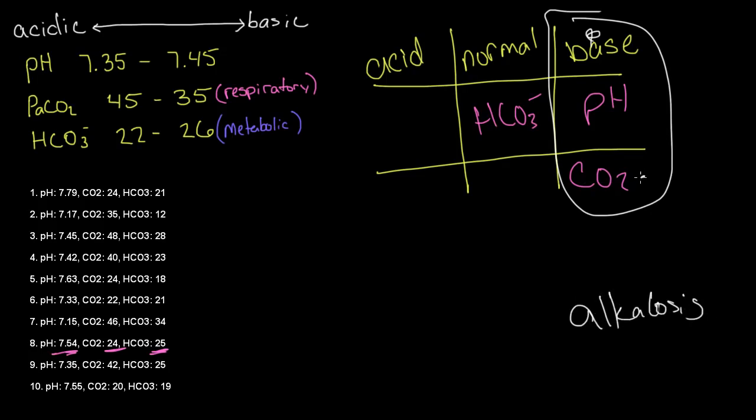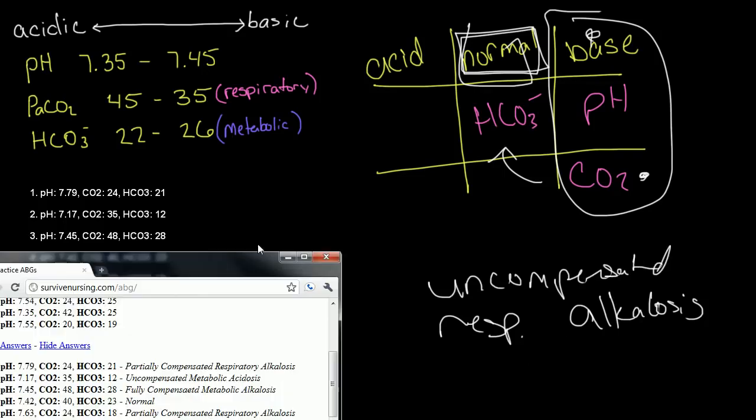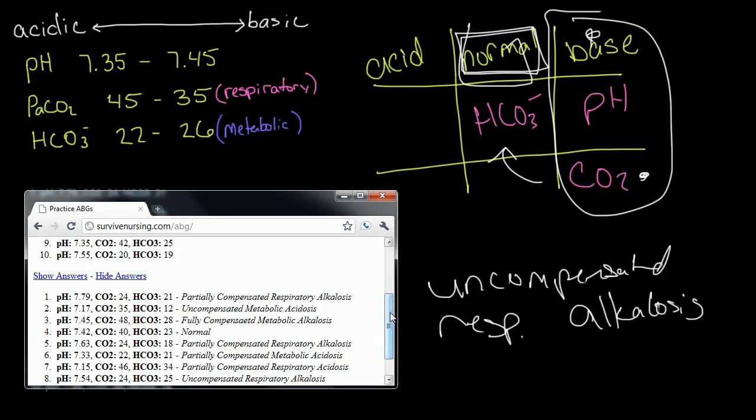The parameter used to make up the tic-tac-toe is CO2. CO2 is a respiratory value. And our opposite parameter is doing nothing. It's in the normal column, so it is uncompensated for our condition here. So let's go ahead and double check our answer. Uncompensated respiratory alkalosis. Okay, so this matches.